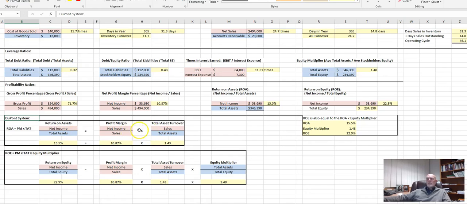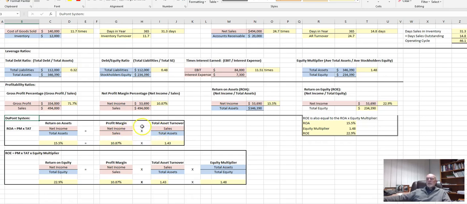Now each of these measures we've looked at before. Here was our profit margin, and then the total asset turnover was up in the top right part of the spreadsheet. But when you multiply these two together, you see that the sales would cancel out. You'd be left with net income over total assets.